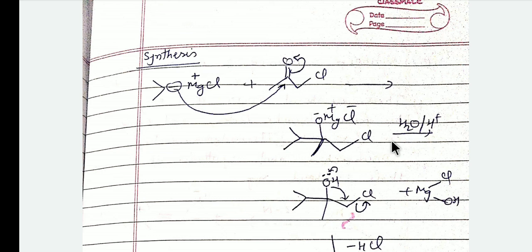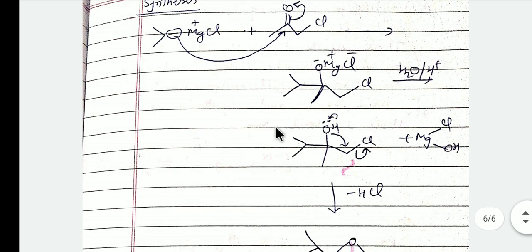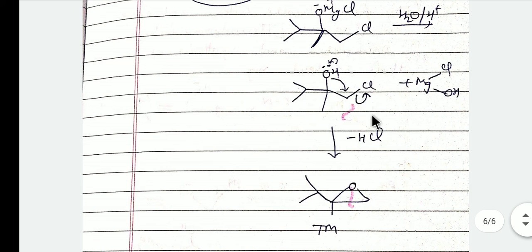On hydrolysis of this compound, we get the hydrolyzed product. This is the one, and MgClOH is liberated here, and by the liberation of HCl from this compound we get the target molecule which was employed in the disconnection.